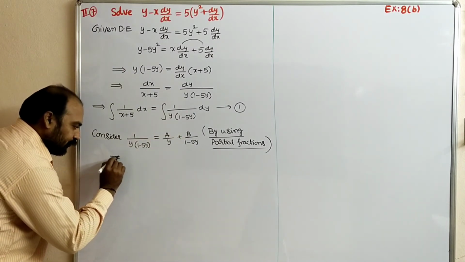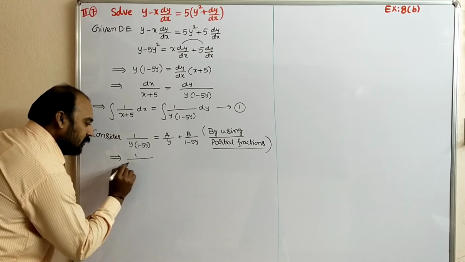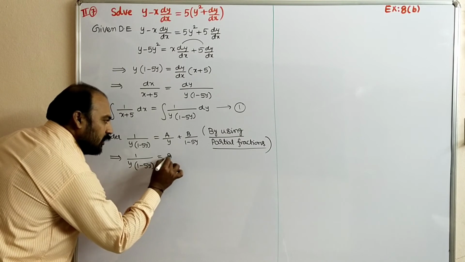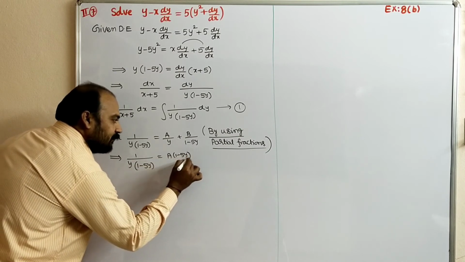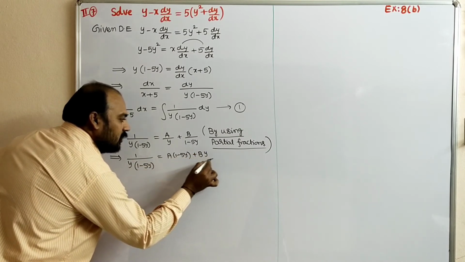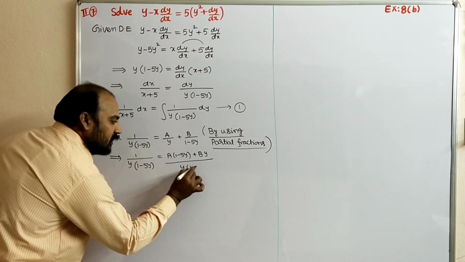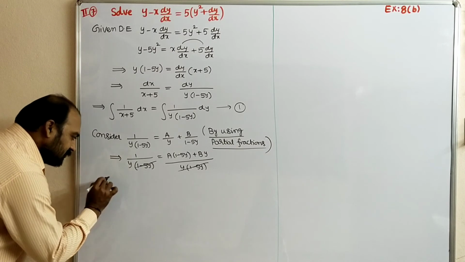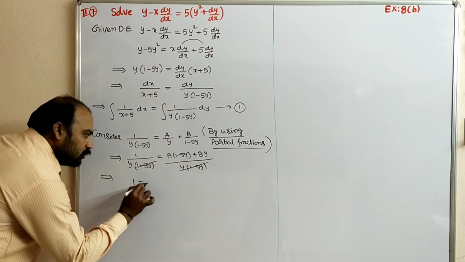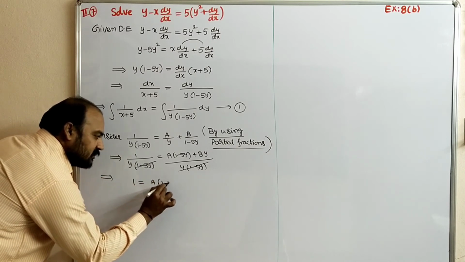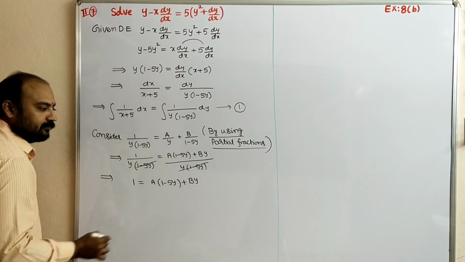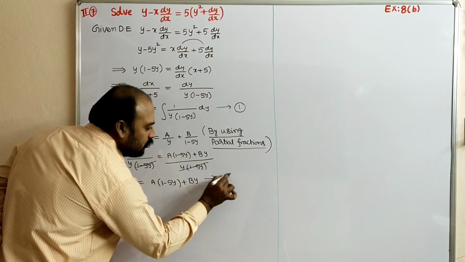So now 1 by y into 1 minus 5y is equal to a into 1 minus 5y plus b into y divided by y into 1 minus 5y. We can cancel both the denominators. So 1 is equal to a into 1 minus 5y plus by. Put that as equation number 2.